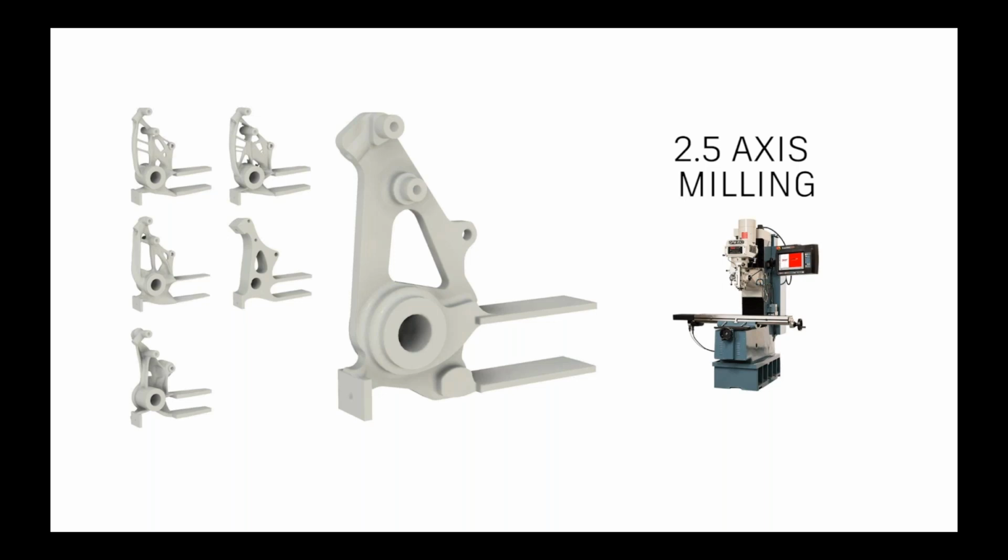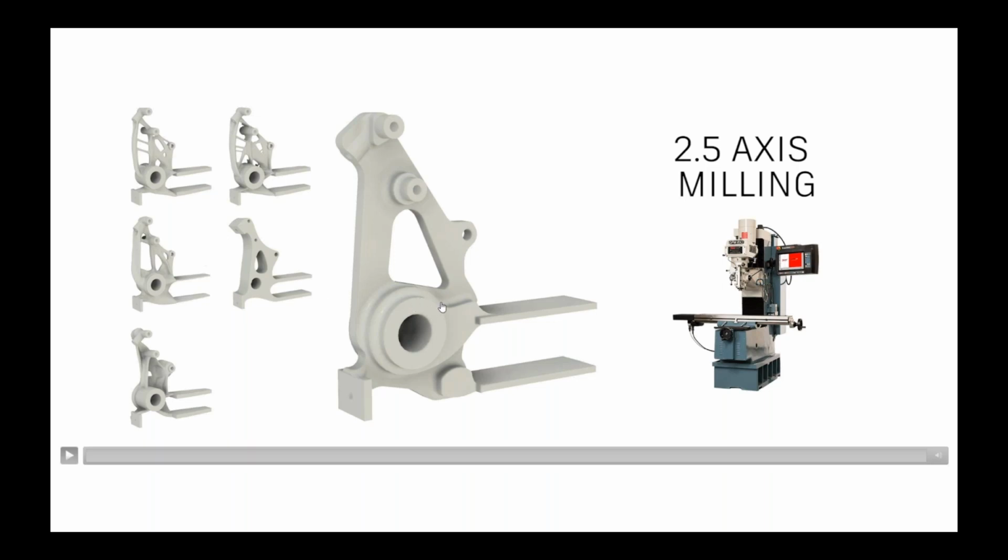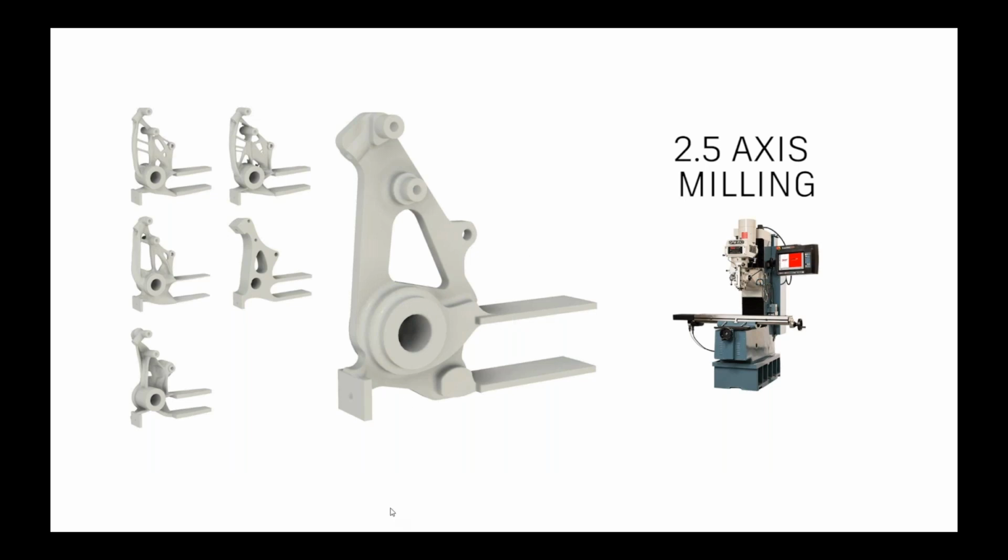Then there's another one here. Are the results always organic in shape, or is it possible to get more, call it linear aesthetics? I brought this slide up just because some of that is dictated by the manufacturing method.